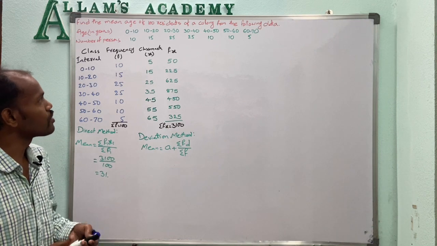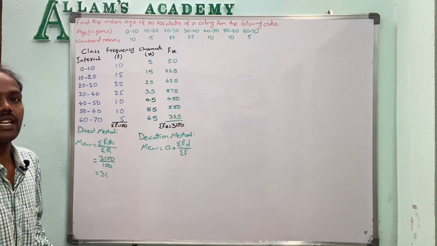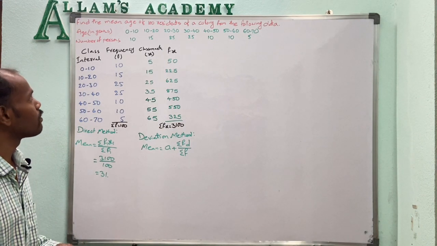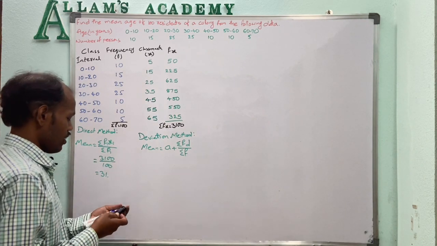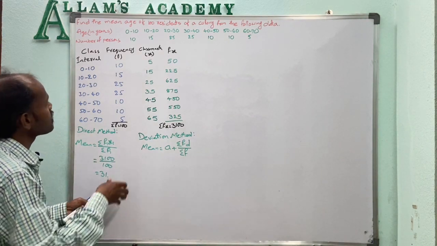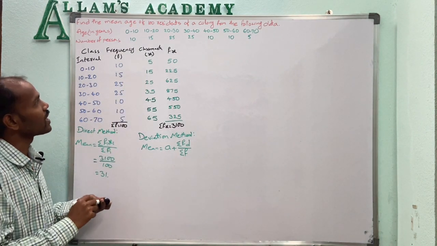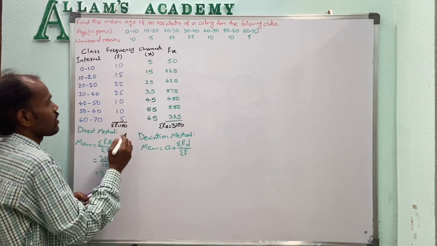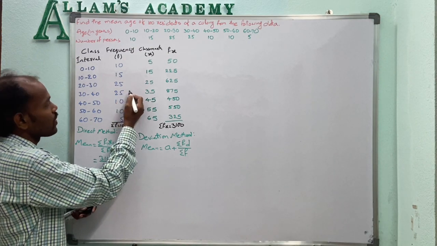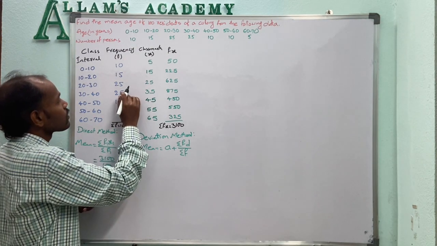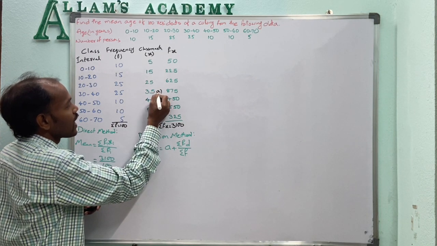A means the assumed mean, as we already said. We take the class mark corresponding to the highest frequency. Here the highest frequency is 25, occurring twice, so we can take either class mark. I am taking the 30 to 40 class interval with frequency 25 as the highest, so its class mark 35 will be taken as A.